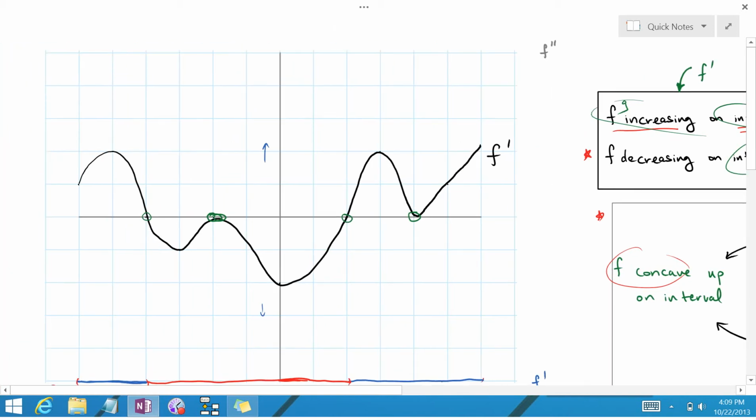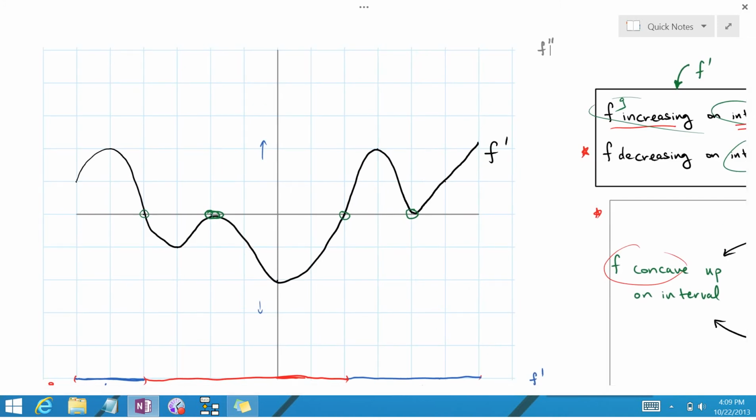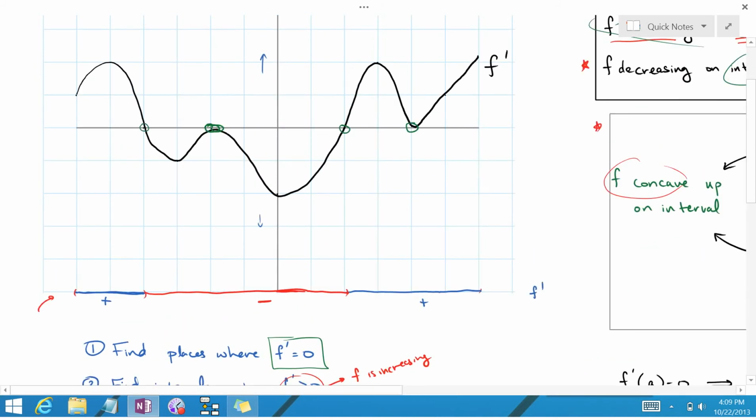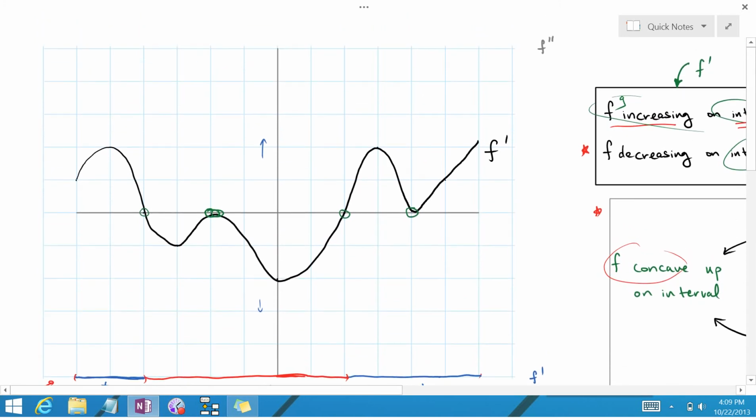So remember, f double prime, we want to determine if it's positive or negative, and that's just a fancy way of saying is f prime increasing or decreasing. Alright, so I noticed that from here to here, f double prime is positive. F prime itself, the function whose graph we're looking at, is increasing.